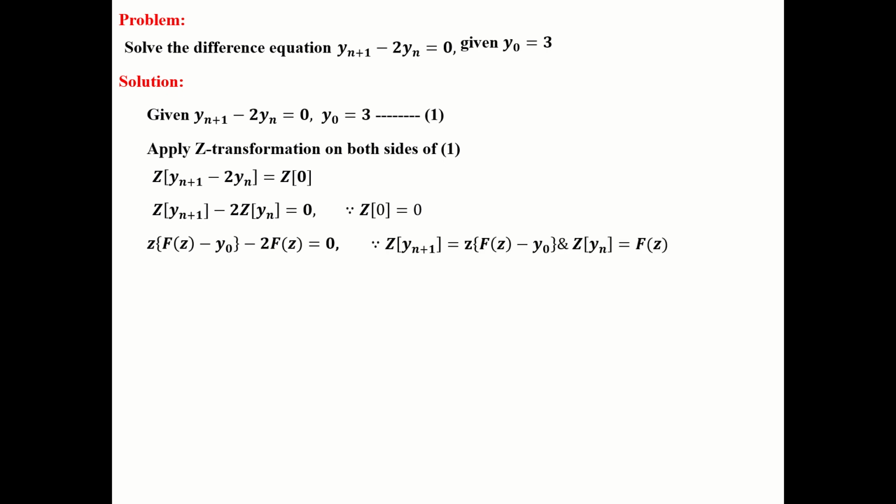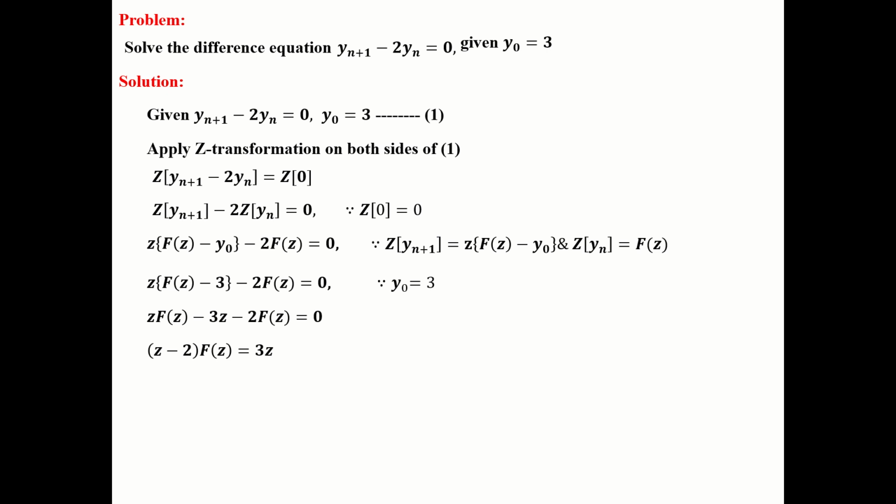So we know the formulas and we are applying them. Now zF(z) minus y0, and y0 is given in 1 as 3, so minus 3, minus 2F(z) equal to 0. Now multiplying, zF(z) minus 3 minus 2F(z) equal to 0. Now grouping F(z).